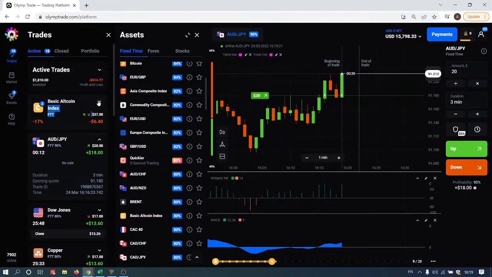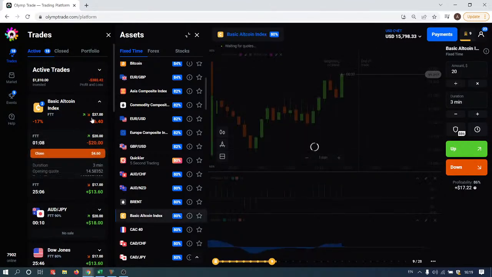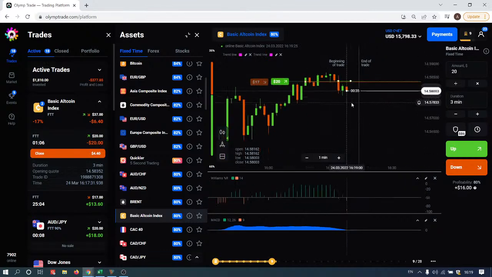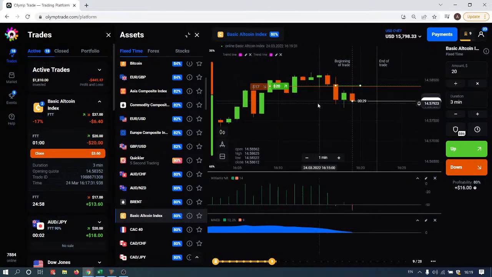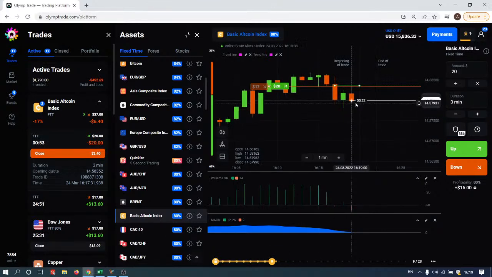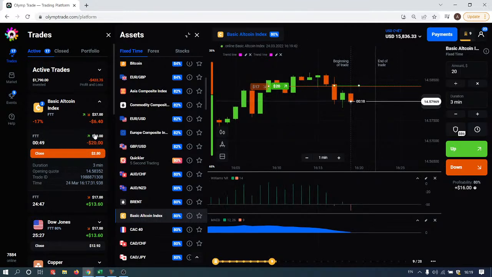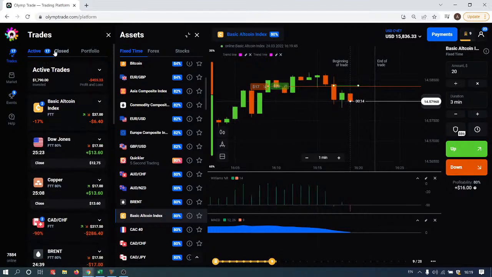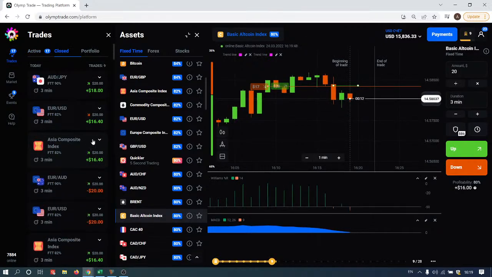So AUD-JPY and just this one, Basic Altcoin Index, which has tricked me into opening an up trade, and the next second I was about to cancel this trade, but I was like, okay, I will not cancel it, so hopefully it reverses, but it has not. So I still have 50 seconds to go, and I'm still hoping that I might still get a win here, but okay, the chances are not that big.